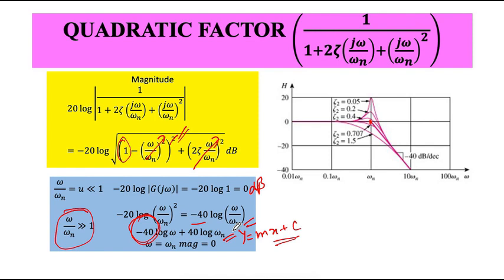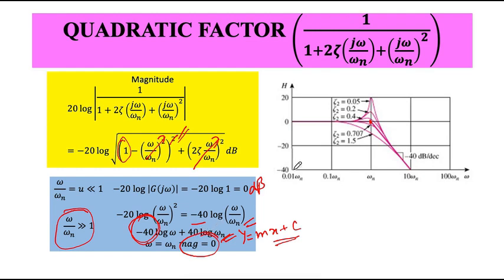This can be computed because omega n is already given to us. So when omega is equal to omega n, my magnitude goes to 0.